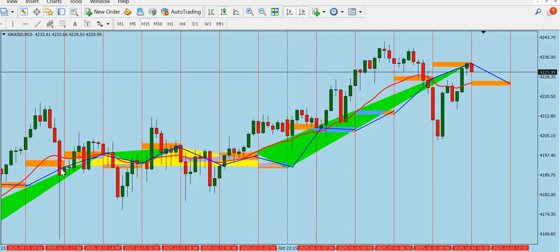Bearish in the sense that we have support, resistance, support, that's bearish. But in the moment we have resistance, support, resistance, that's bullish. And we continue to have resistance all the way to the top, that's bullish.